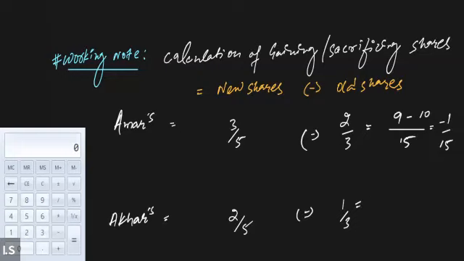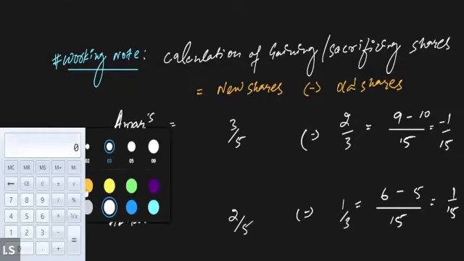Yes, sir. And similarly for Akhar as well, we will be doing the same thing. First of all, we'll take the LCM of the denominator. It will be 15. Dividing 15 by 5, we will get 3. 3 into 2, it will be 6 minus 5. So it will be 1/15 positive balance.